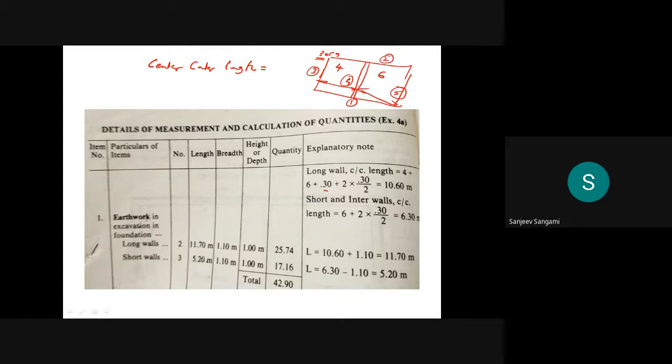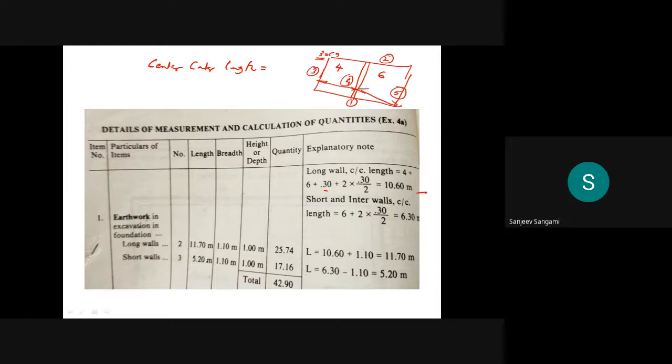How much is it? 30, and 30 divided by 2 on this side and 30 divided by 2 on that side. So in total you will get the center to center length, that is 10.6 meter. This is for the long wall.